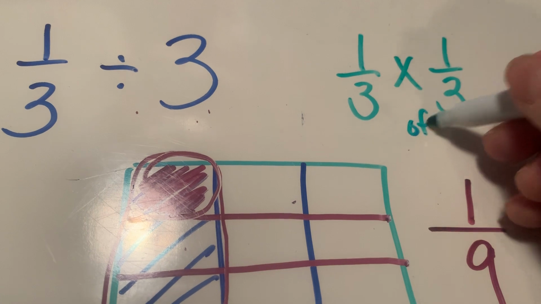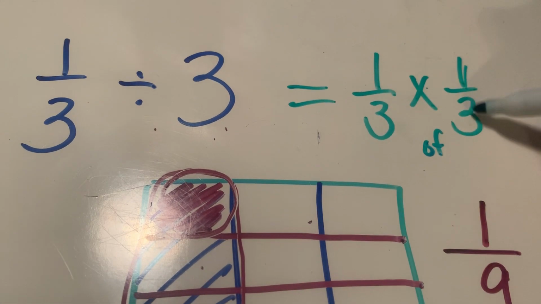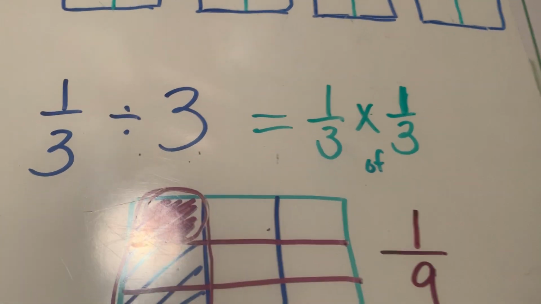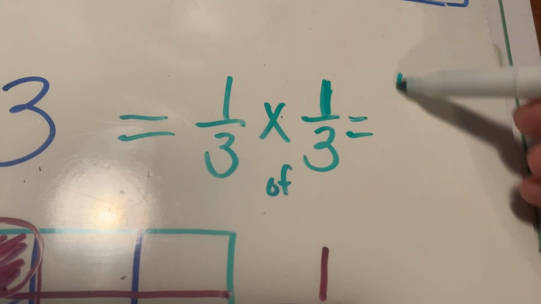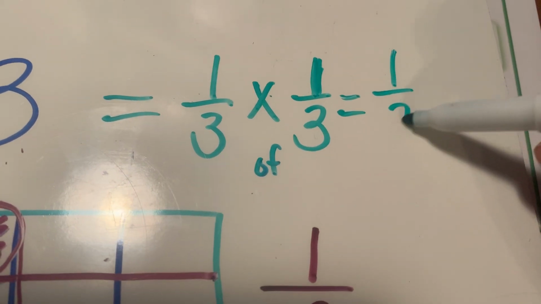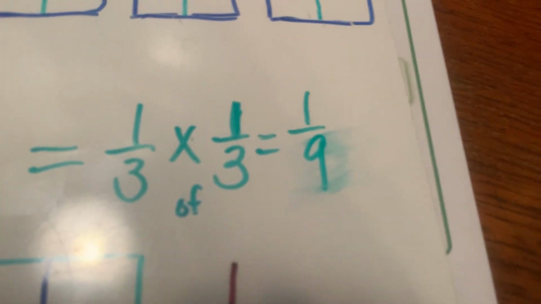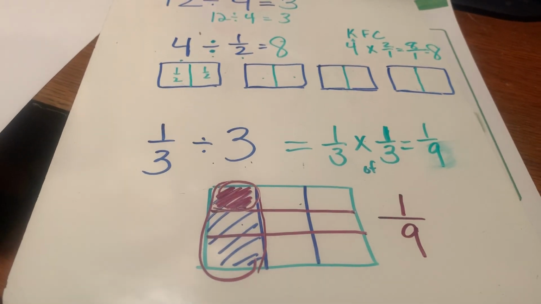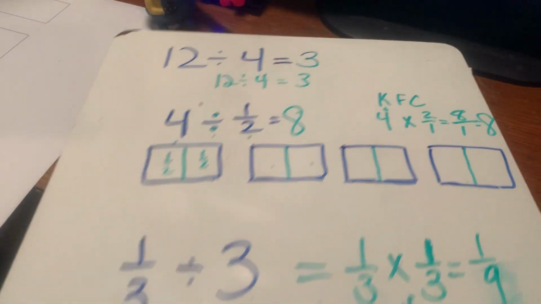That's the same as multiplying 1/3 times 1/3. If I remember my multiplication of fractions rules, 1 times 1 is 1, 3 times 3, oops, it's not 3, it's 9.